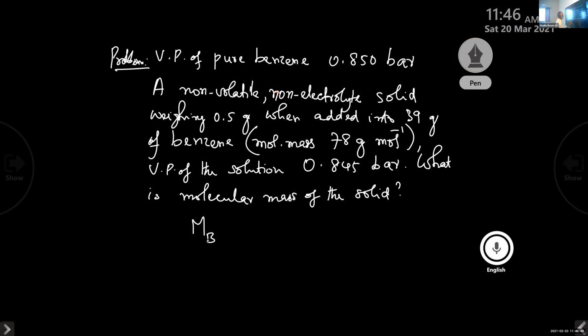Molecular mass MB is equal to, do you remember the equation?